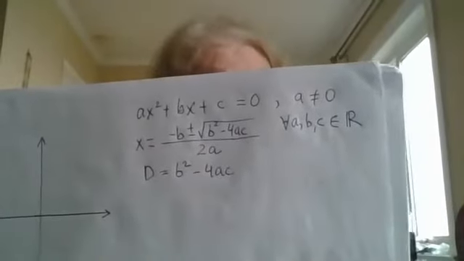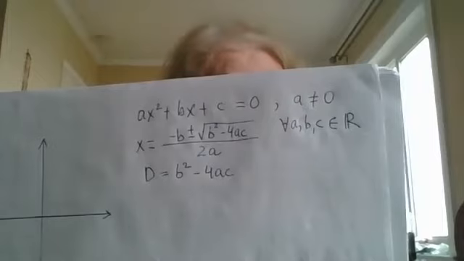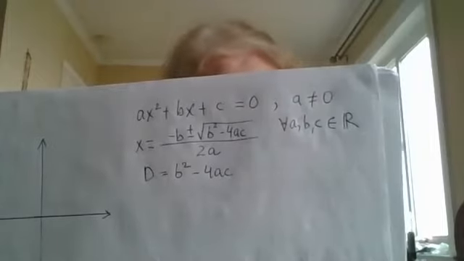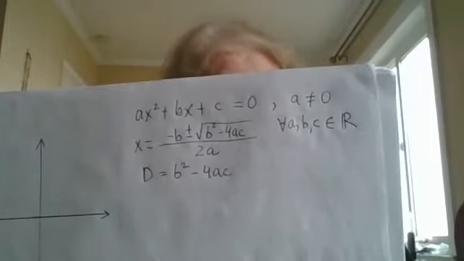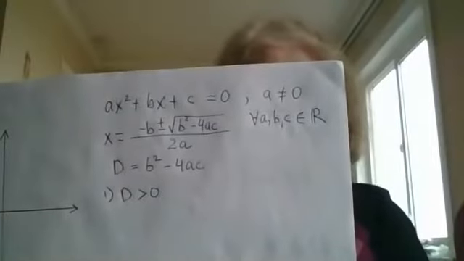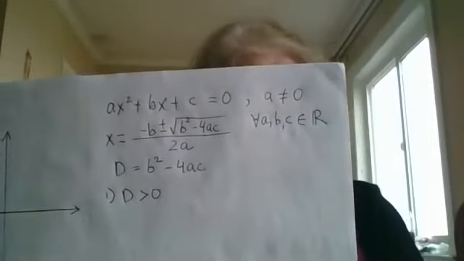If we plug in the values of a, b, and c, we can have 3 different outcomes. The first outcome is about D being a positive number. You have a positive discriminant.